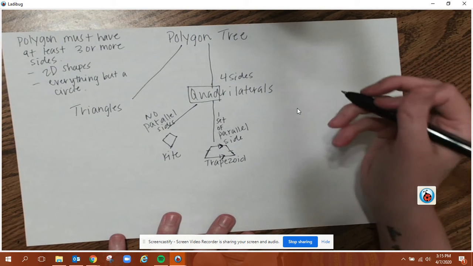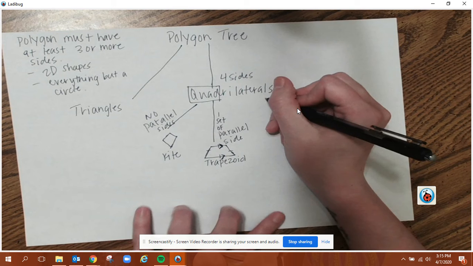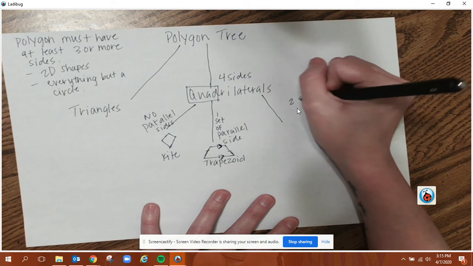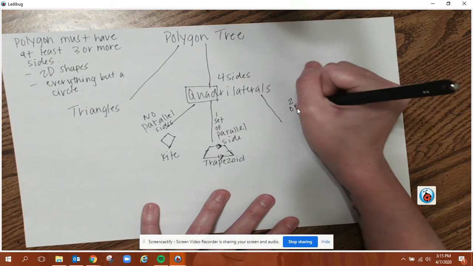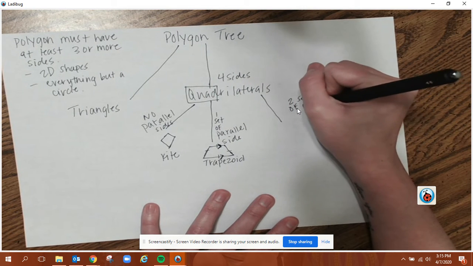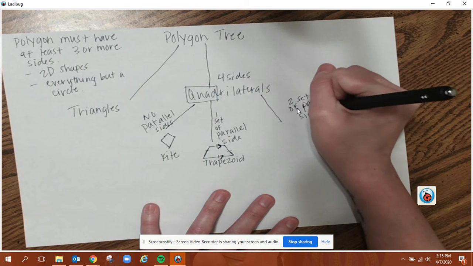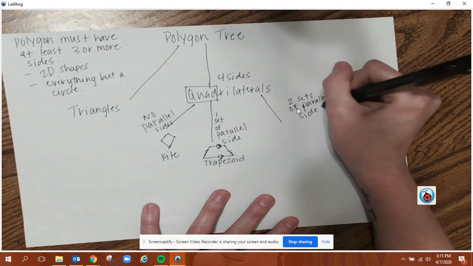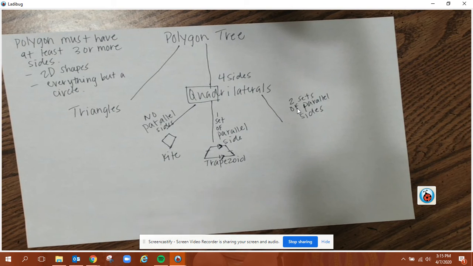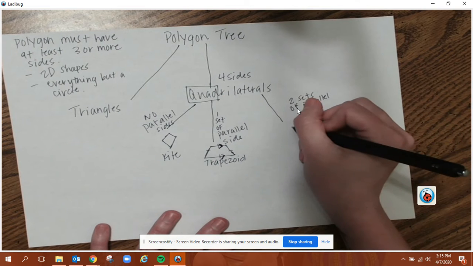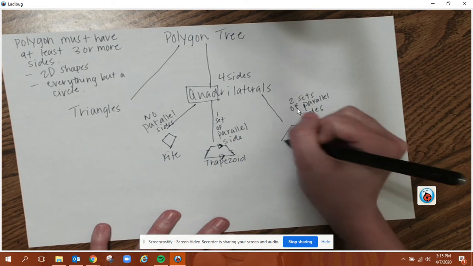Alright, the next subset of quadrilaterals that we can talk about is the ones that have 2 sets of parallel sides. Okay, so the first shape that we're going to talk about that has 2 sets of parallel sides is a parallelogram.